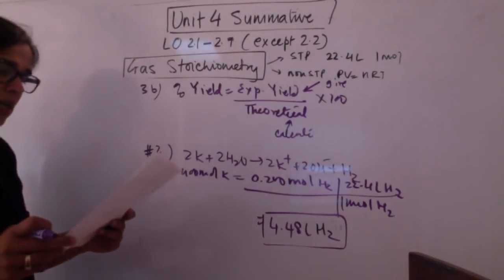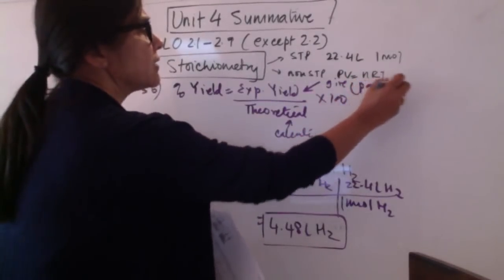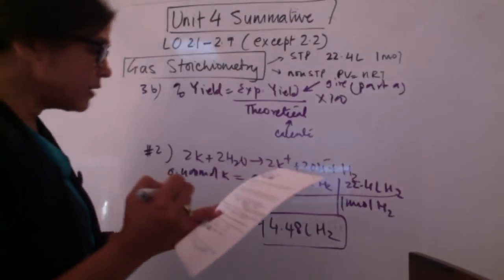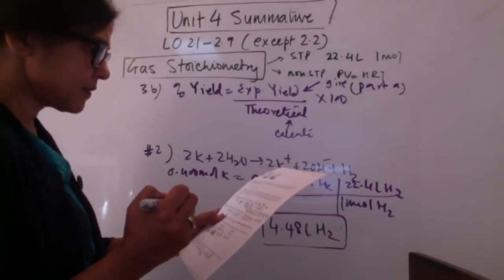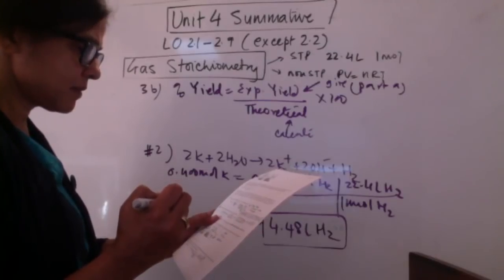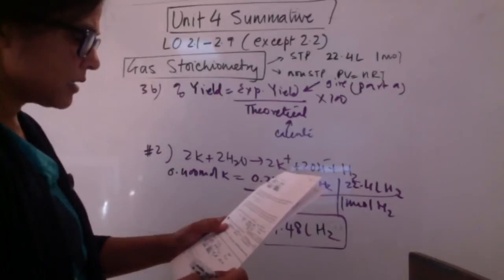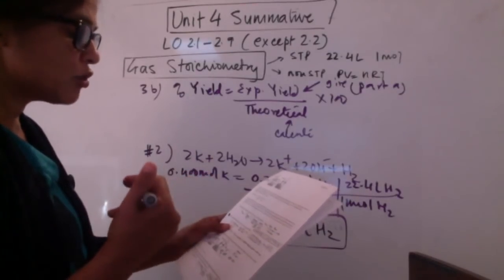So here, experimental, you will get from part A. Whatever you calculated there, that is your experimental. And theoretical is given to you. Or you calculate using the formula how much theoretically you should get.